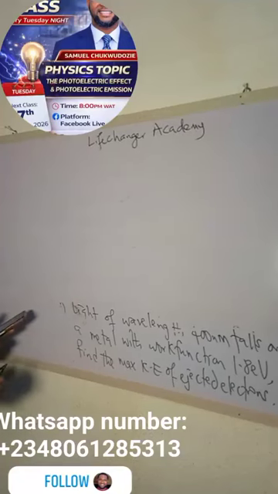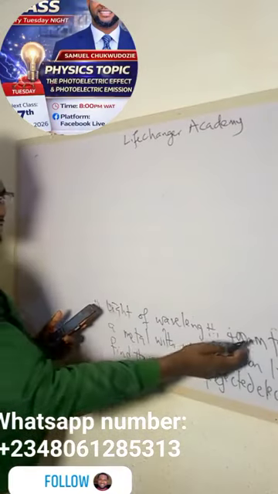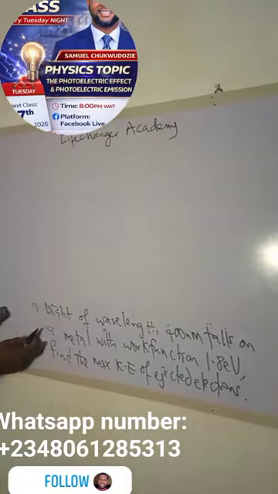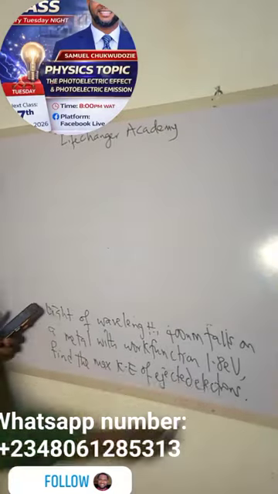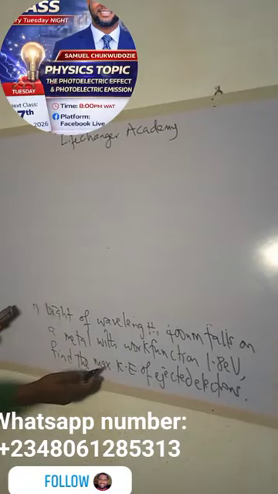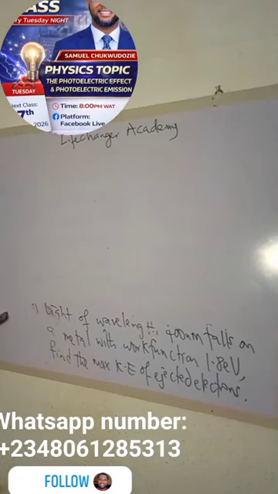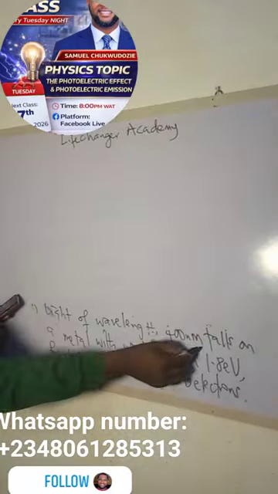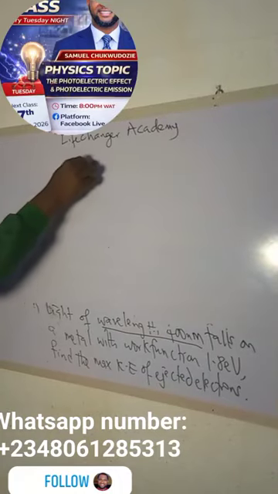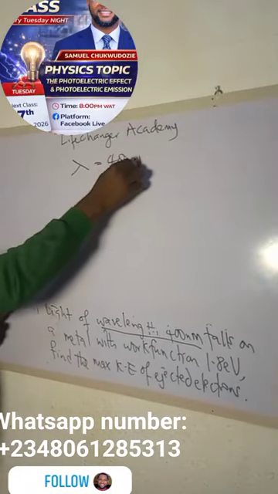So light of wavelength 400 nanometer falls on a metal with work function this. Find the maximum kinetic energy of ejected electrons. Very easy. This is the wavelength of the light, 400 nanometers.